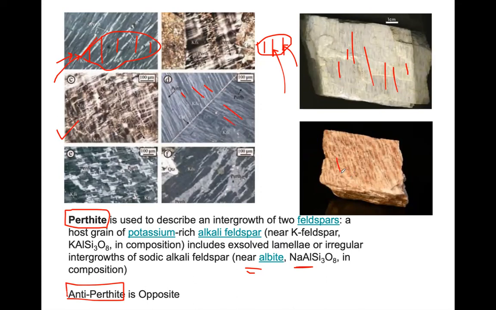Here also you can see some lines with different degrees of solid solutions. So all these lamellae represent the exsolutions which were derived from original solid solutions within the mineral.